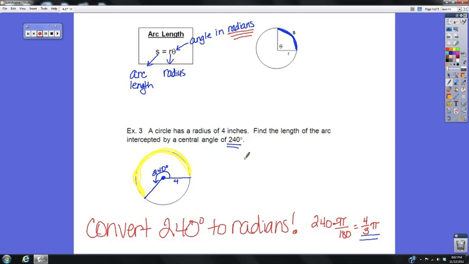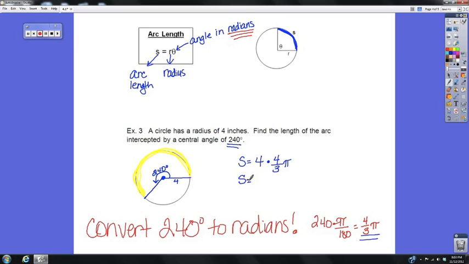Okay, so let's do arc length. S, arc length, equals the radius, r, which is 4, times our angle in radians, which is 4/3 pi. At this point, all you have to do is calculate this. So you would calculate that in your calculator, nothing fancy, just multiply 4 times 4/3 pi.